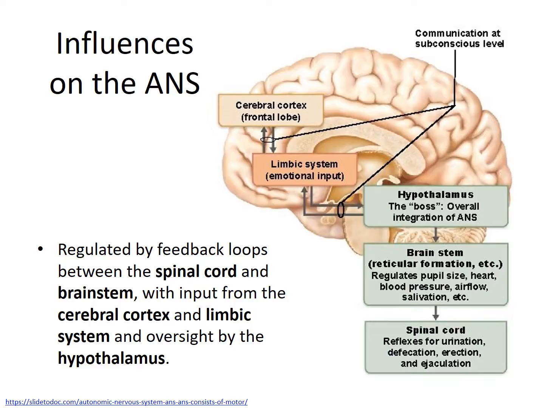So we have these feedback loops between the hypothalamus and the cerebral cortex and the limbic system that regulate feedback loops between the brainstem and the spinal cord when influencing the activities of the autonomic nervous system.